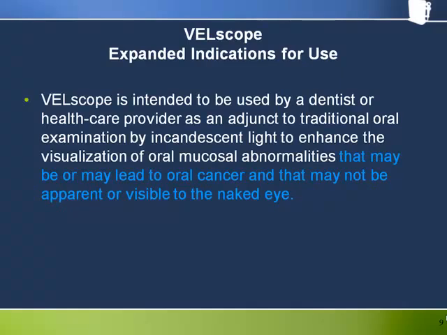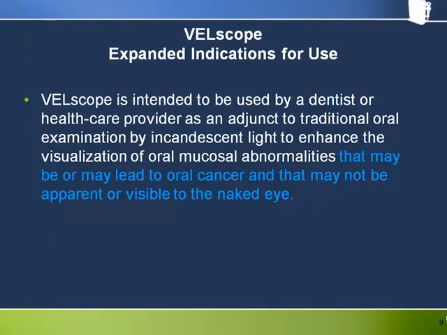I think it's useful to go back to the FDA-cleared indications for use for the VELscope device. VELscope is intended to be used by a dentist or healthcare provider as an adjunct to traditional oral examination by incandescent light to enhance the visualization of oral mucosal abnormalities that may be or may lead to oral cancer and that may not be apparent or visible to the naked eye. Note the language here: enhance the visualization of oral mucosal abnormalities.